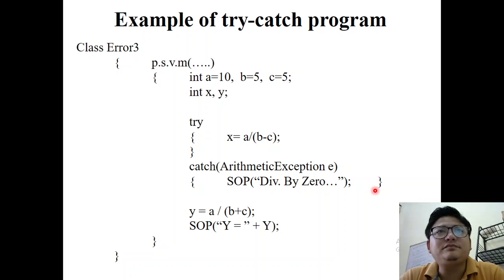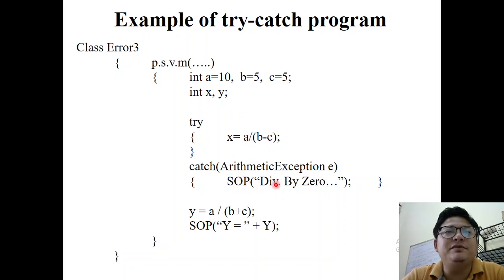Now if you see the execution of the statements, first initialization will be done, reserving of the memory will be done, then the try block will be executed. Since B and C have the value 5, the exception is caught here, and you will see the message divide by 0. Then after that Y equals A divided by B plus C will get executed, and Y will also get printed.